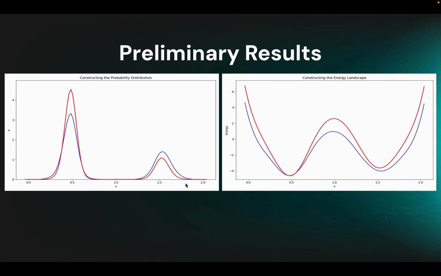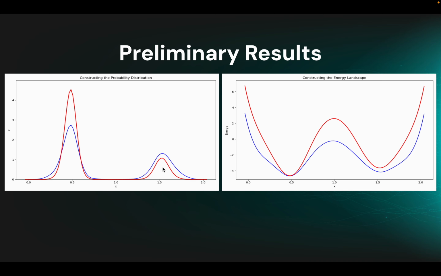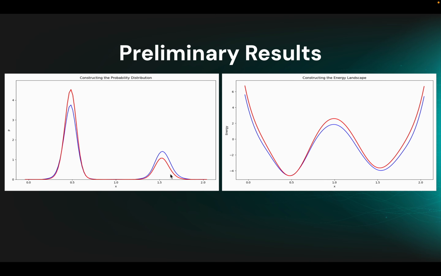So here are some preliminary results as we reconstruct the probability distribution that comes from our two-well potential. On the left, we can see the red curve is our true probability distribution that should come from that two-well potential. And the blue curve is as we update the weights from our weighted histogram analysis method.